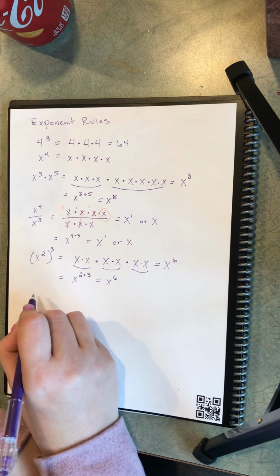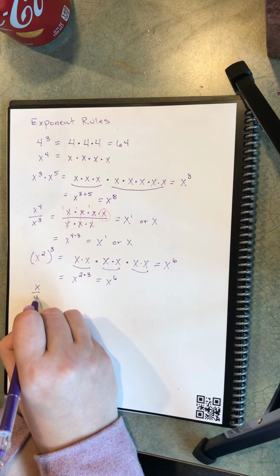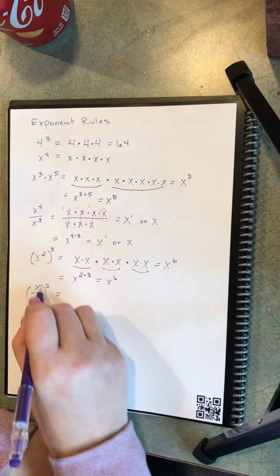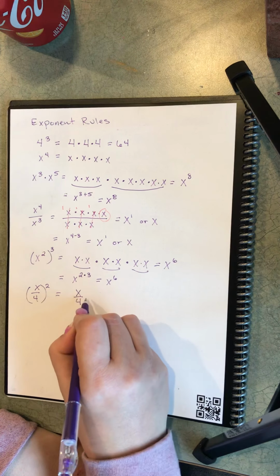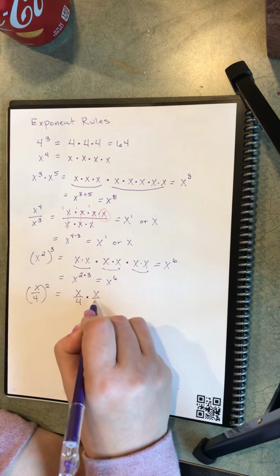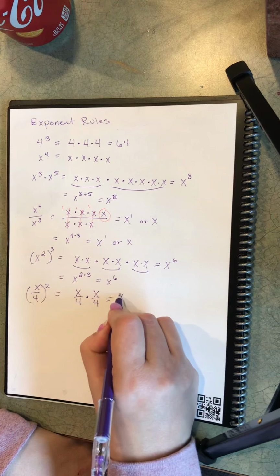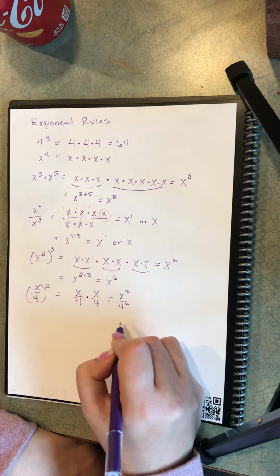If I have x over 4, squared, then that's this whole thing twice. So I have x over 4, or x divided by 4, times x divided by 4, which is x squared over 4 squared.